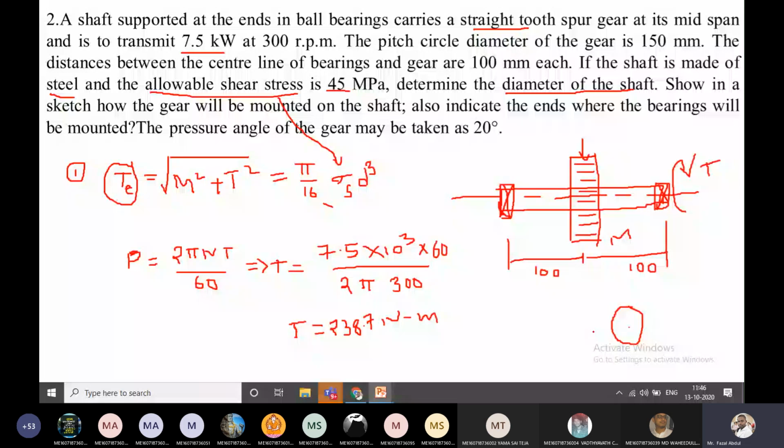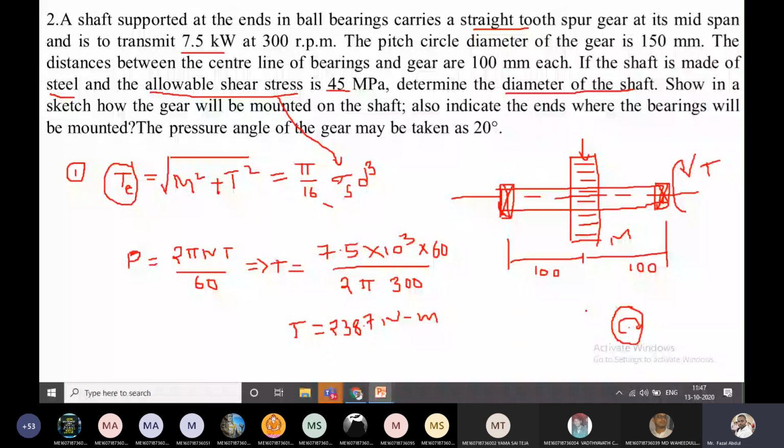This is the tangential load WT. Because another gear is attached to this gear, when both gears are in meshing, only then the power is going to transmit.